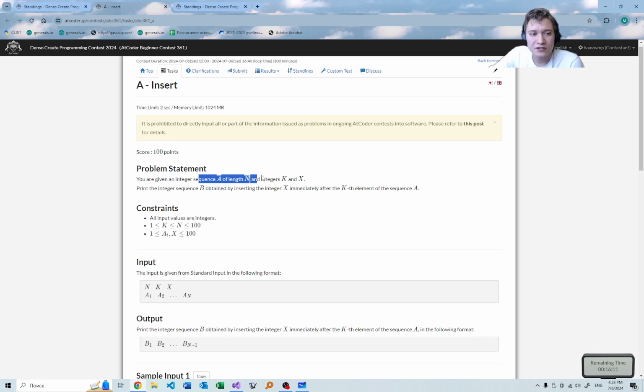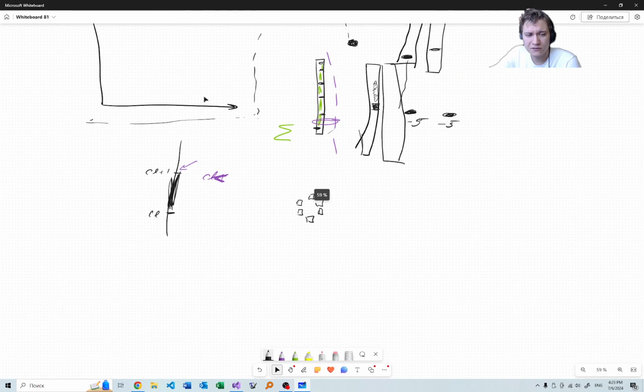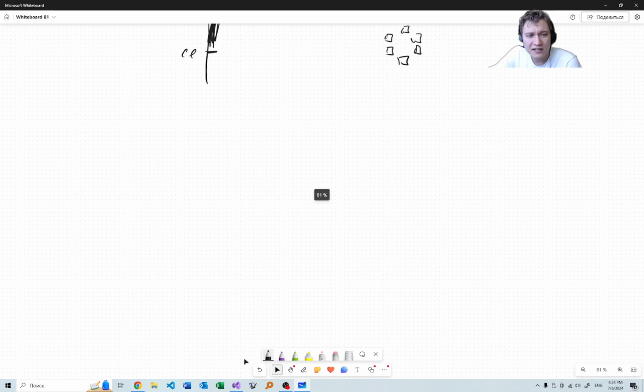So you're given an integer sequence A of length n and integers k and x. We need to insert x immediately after the kth element of A. So you can do it just with some cycles.